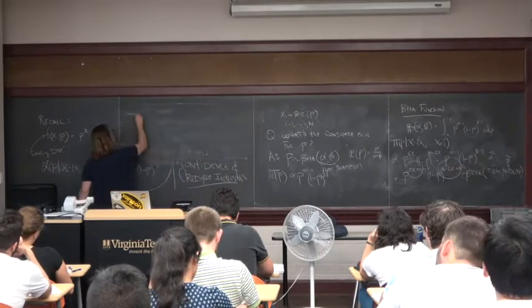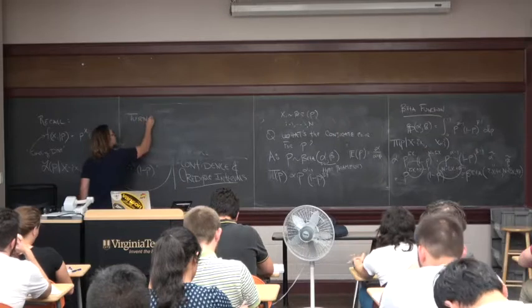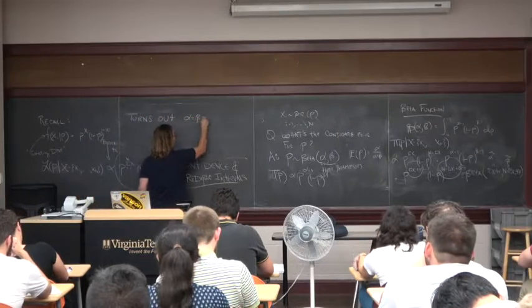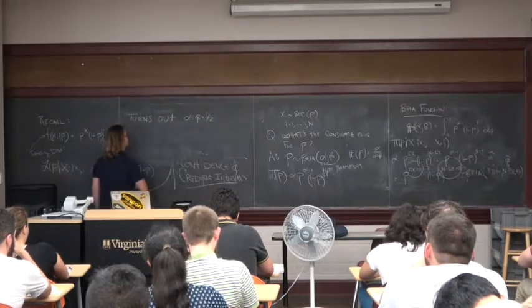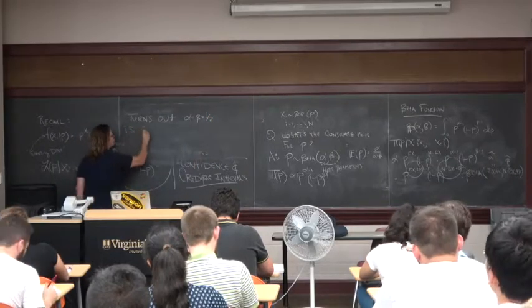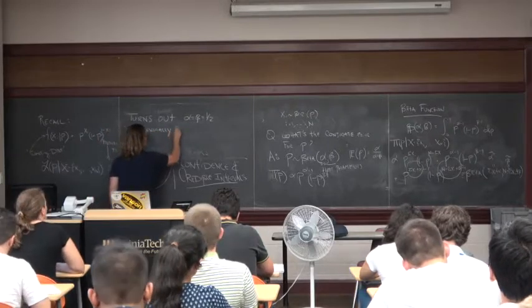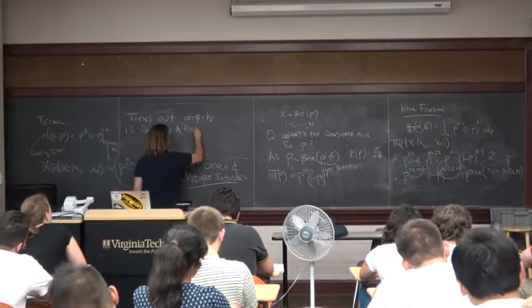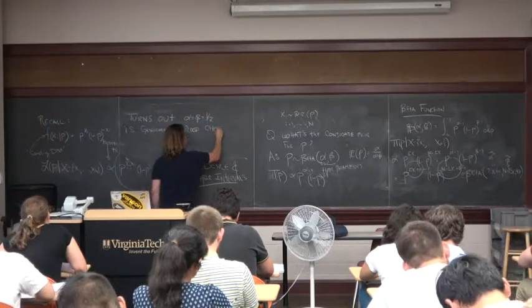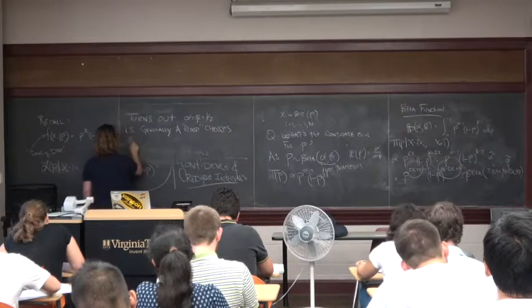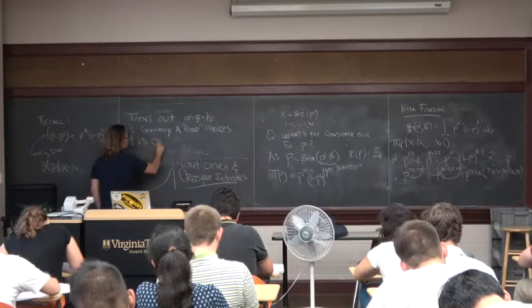So it turns out alpha equal to beta equal to 1/2 is generally a good choice. I have to tell you about these choices, and it is optimal in some senses.